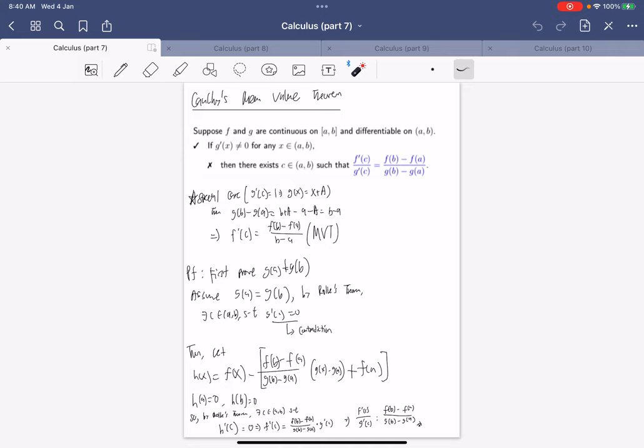So let's begin with the proof. We need to first prove that g b minus g a is non-zero, and this means that g a does not equal g b. And that's quite simple, because if g a equals g b, by Rolle's theorem there will be a point where the gradient is 0, but here the gradient can never be 0. And then we apply the same trick that we used for the mean value theorem, where we orientate the curve.